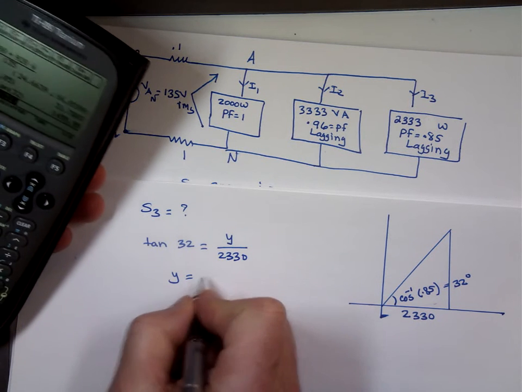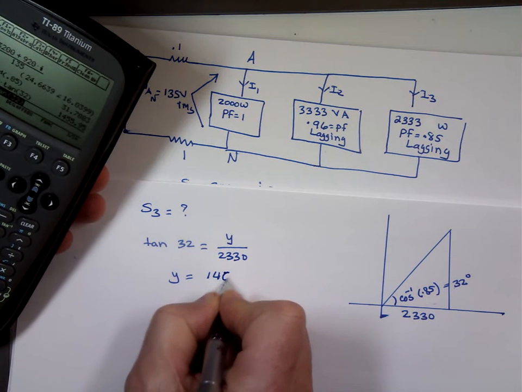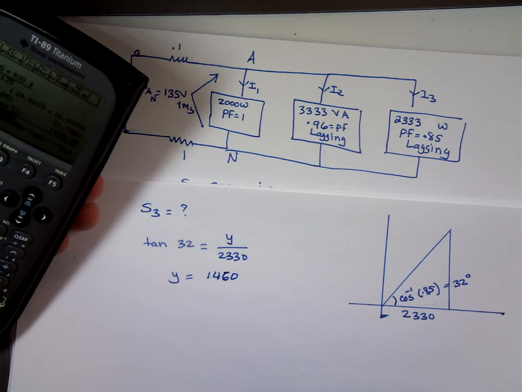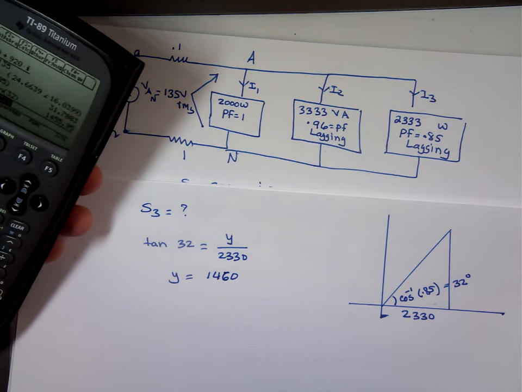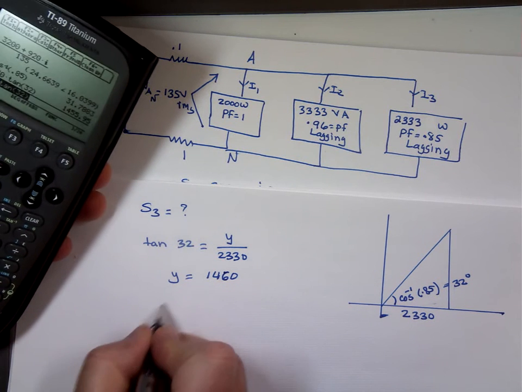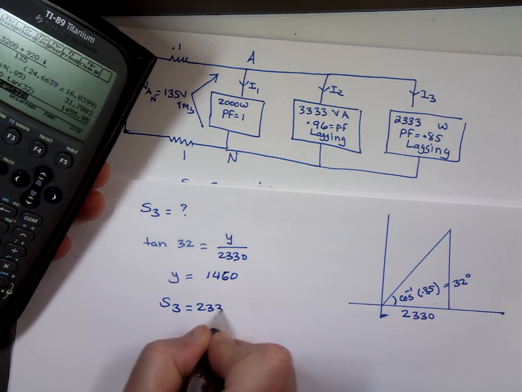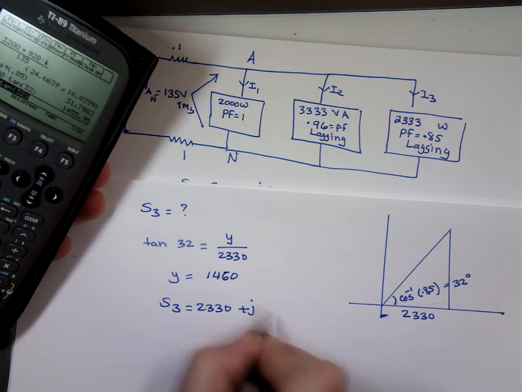I got roughly 1460. So now I know what S3 is. It's 2330 plus J1460.